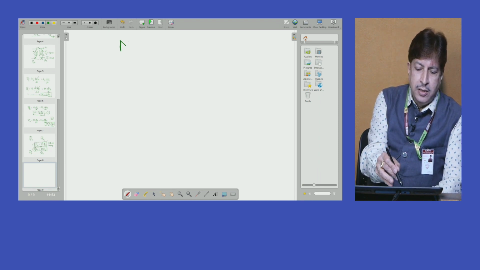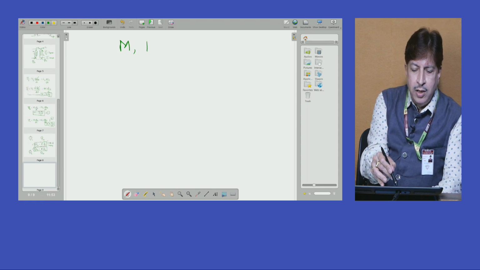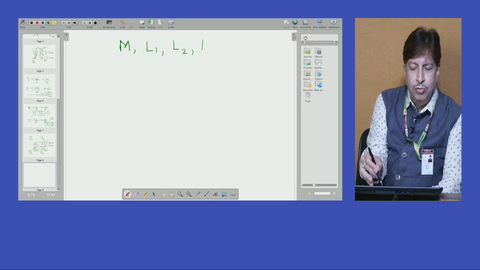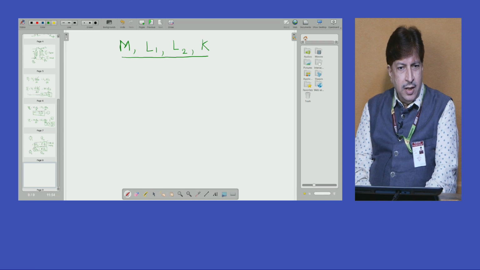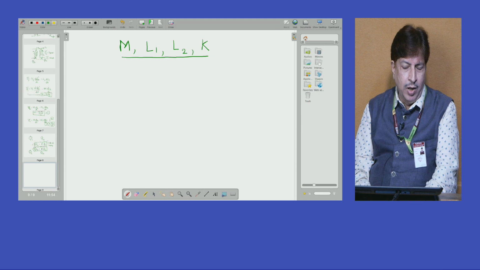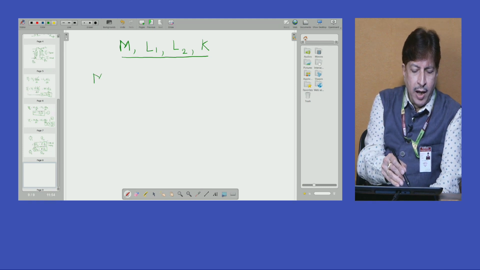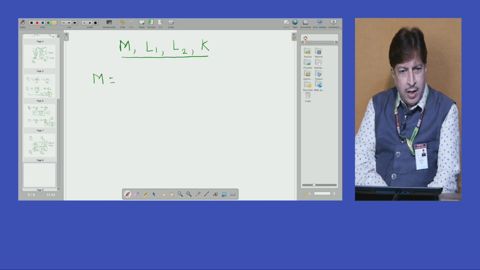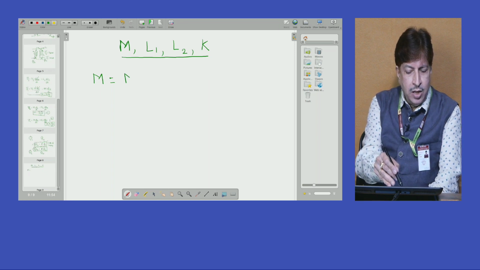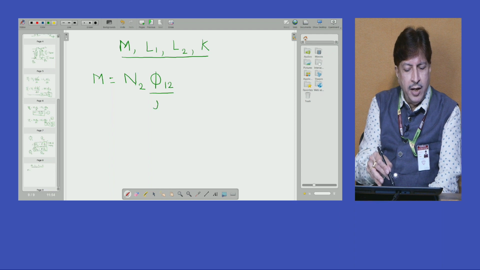I am trying to get the relationship among M, L1, L2, K. For this, let us first consider one of the expressions we had for M. While considering coil number 1 as the main coil, and coil number 2 as the coil in which mutual EMF exists, we already discussed that M can be expressed as N2 phi 12 by I1.